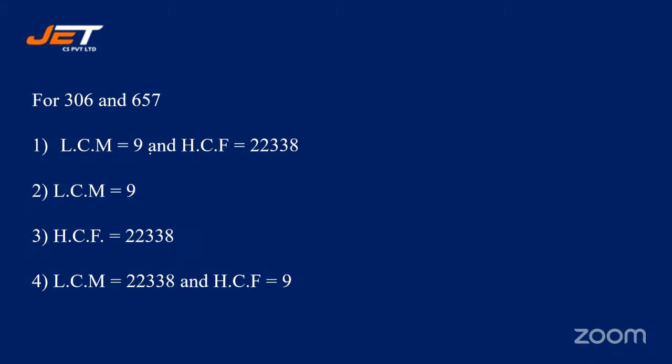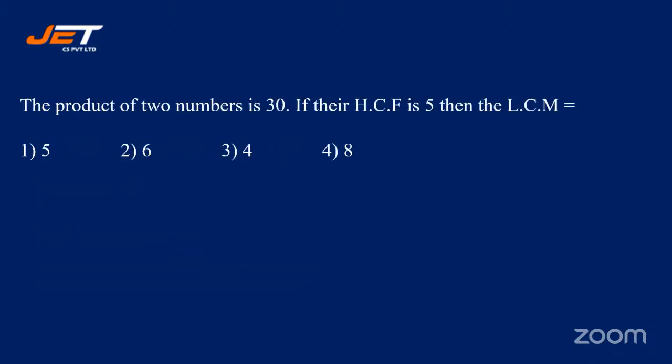You can take 1 or 2 minutes to find out the answer. So it should be option 4, which is LCM 22,338 and the HCF is 9. See the next question.